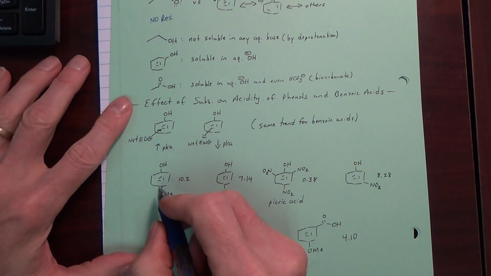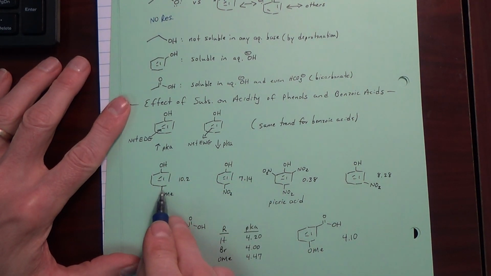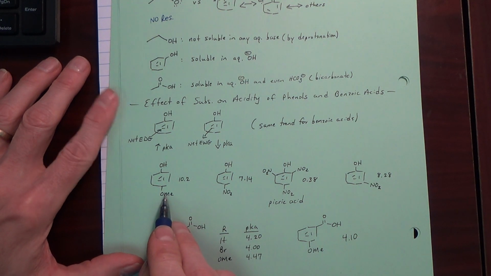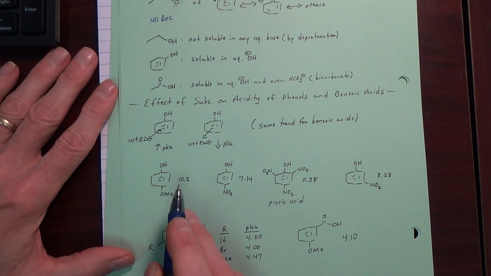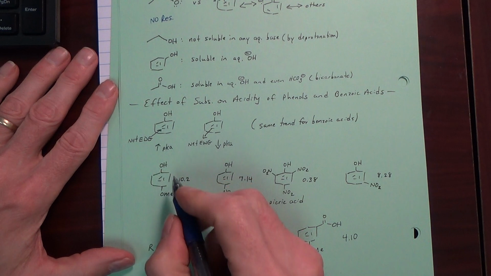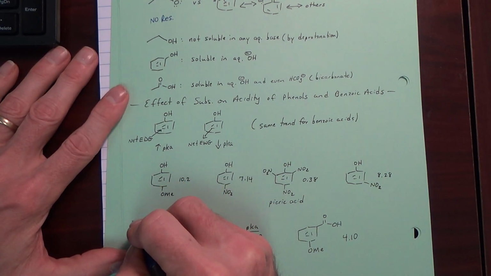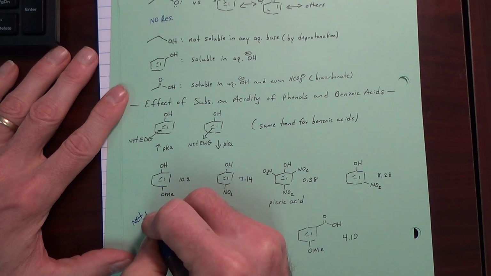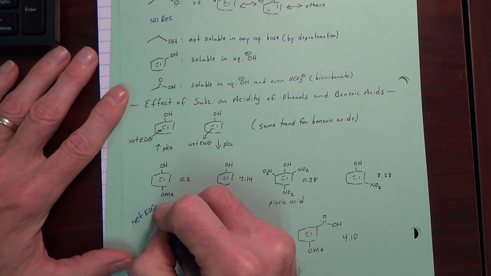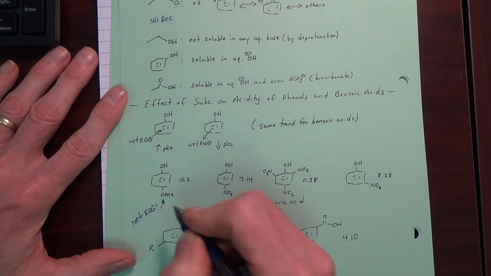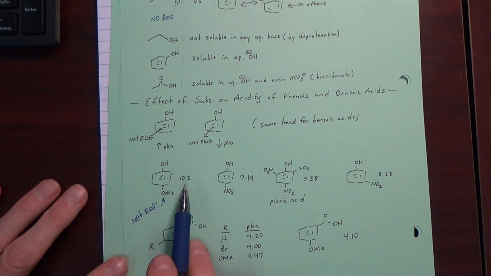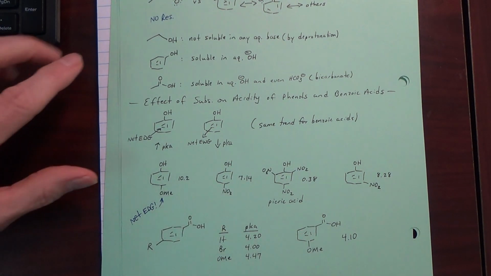That's because, what do we know about the electronic properties of a methoxy group on a benzene ring? Okay, if we can remember from our EAS discussion, it's group 1. It is a net electron donating group. And we would expect a higher pKa.